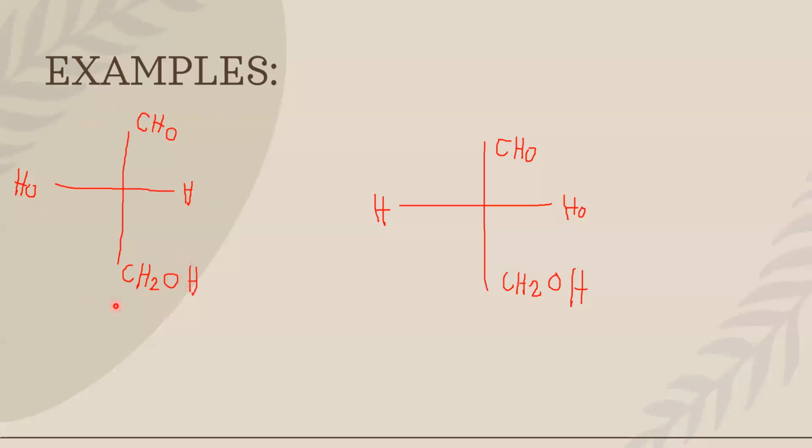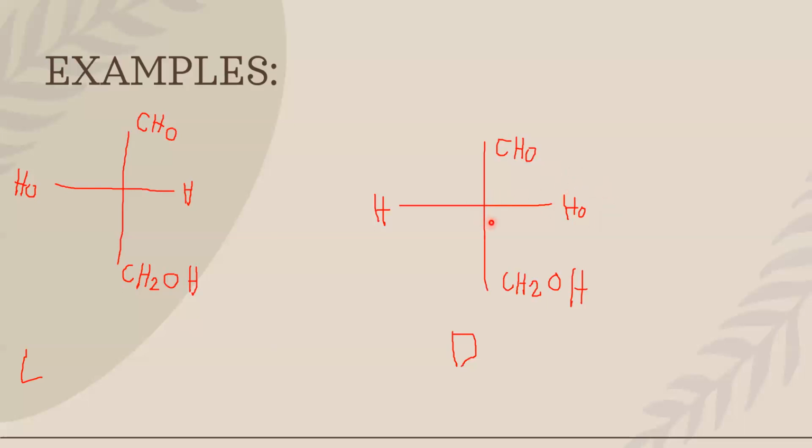So this is the L-glyceraldehyde and D-glyceraldehyde. L and D. If you would notice in the D-glyceraldehyde, the OH group is located at the right side of the chiral center.